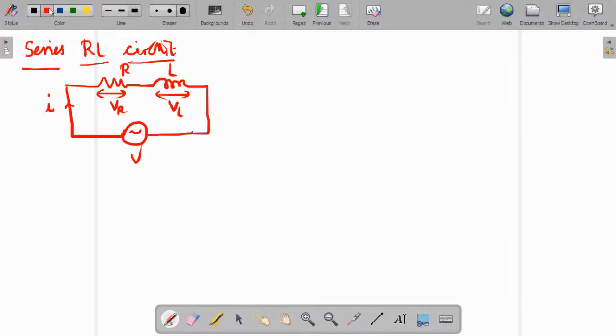So for a series circuit I take the phasor diagram with reference to current. Okay, so here you will be having a current like this. Okay, it is lagging. So voltage across the inductor, this is VL, whereas voltage across the resistor will be in phase with current, right? So this is VR.